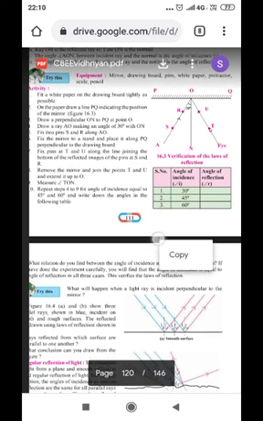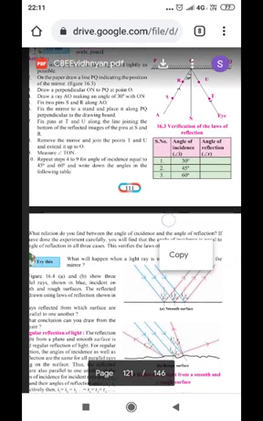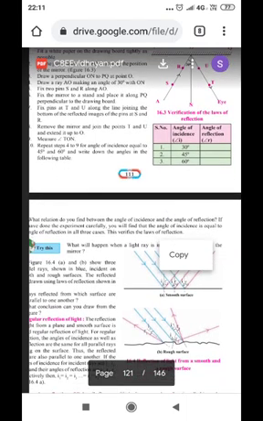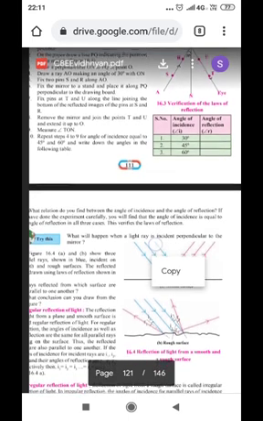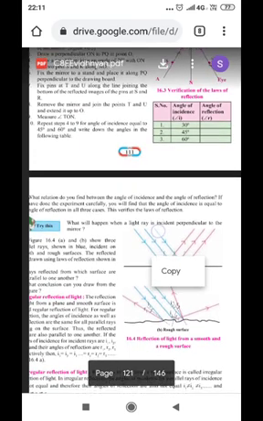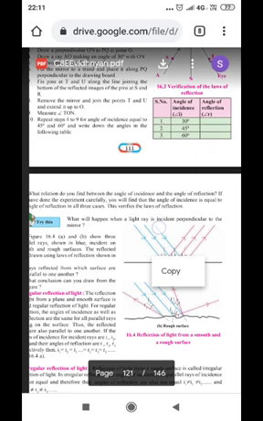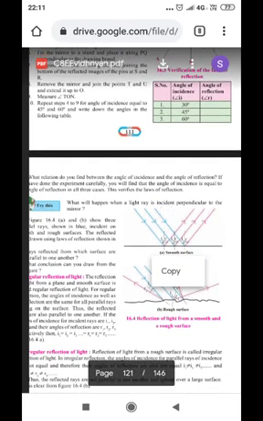Fix the mirror to a stand and place it along PQ, perpendicular to the drawing board. Fix pins at T and U along the line joining the bottom of the reflected images of the pins at S and R. Remove the mirror, join the points T and U and extend it up to O. Measure angle TON.